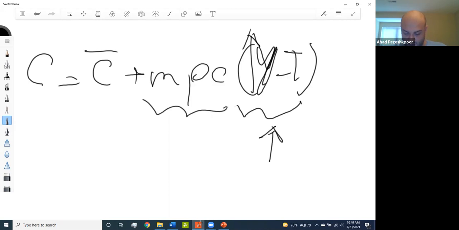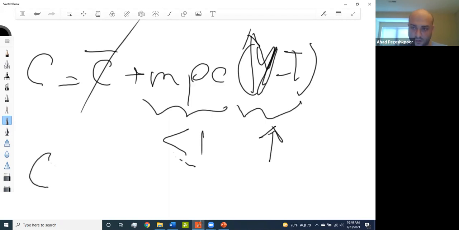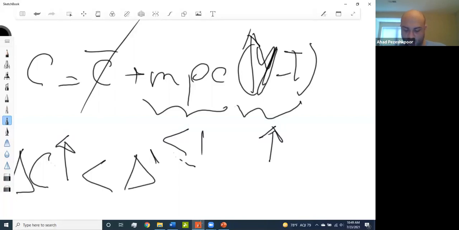And this part is lower than Y. Therefore, your C will go up, yes, but less than, let's call this delta C, less than how much your Y went up.